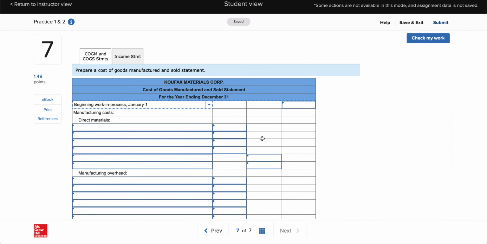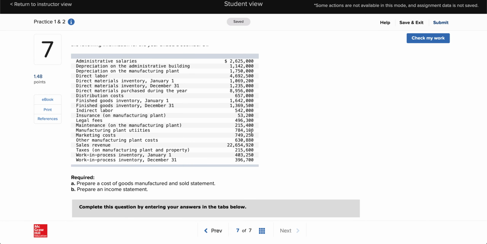We don't have to, and some companies don't do it. They will do this material calculation separate, but they are actually embedding it in the cost of goods manufactured statement in this case. So the beginning work in process for January, that was 403,250, just a number that's given here at the top, somewhere here.